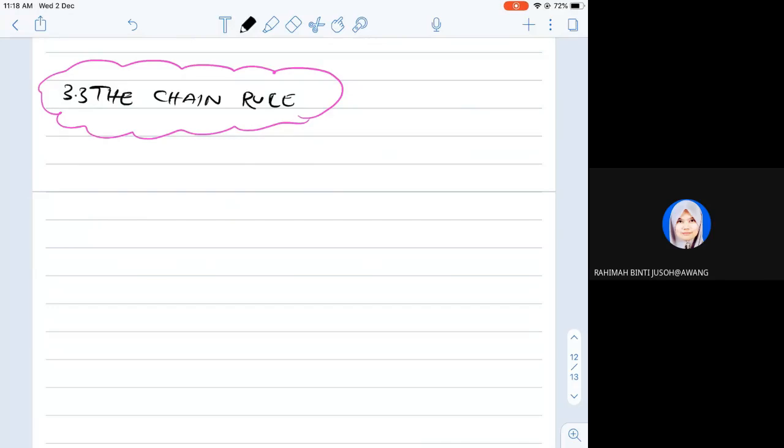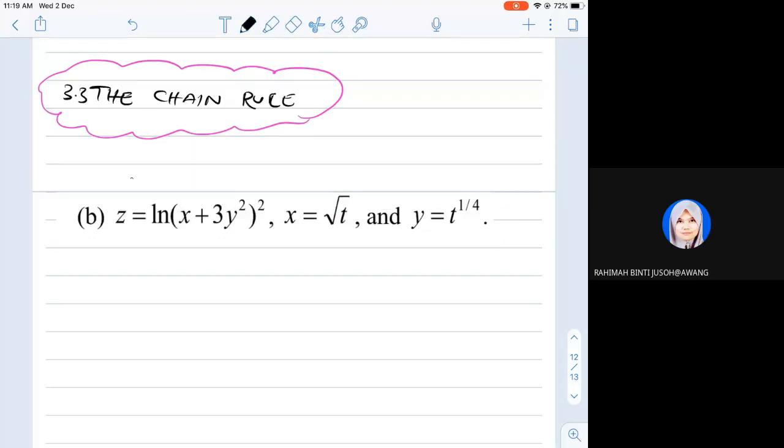Okay. Nanti saya ajar you buat rantai tu, okay. So exercise 3.3, question number 1B.